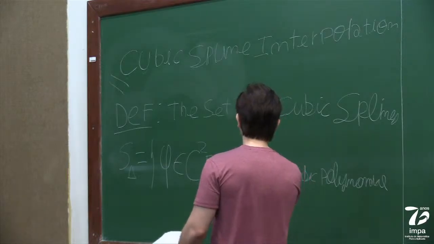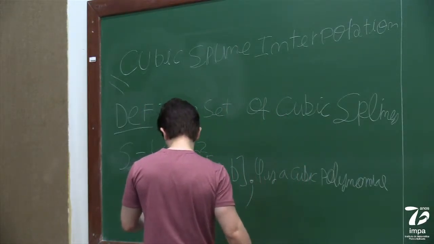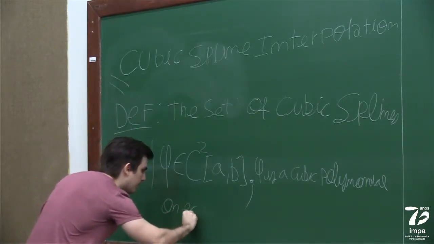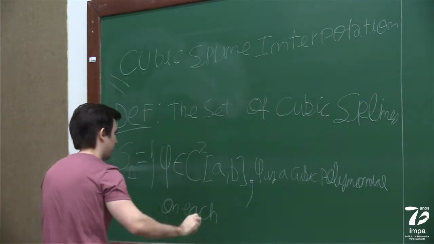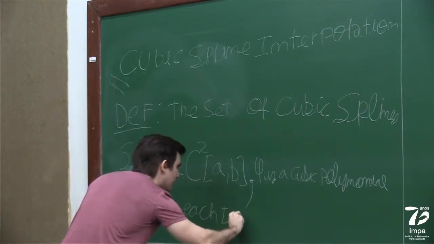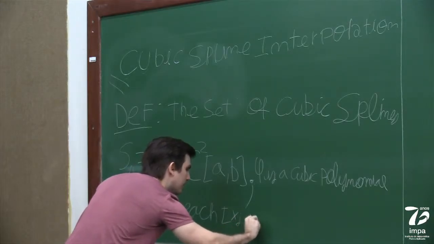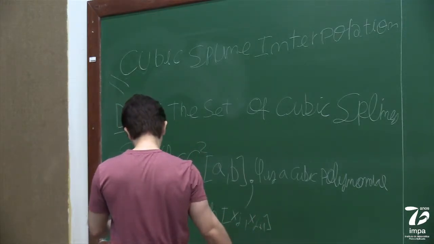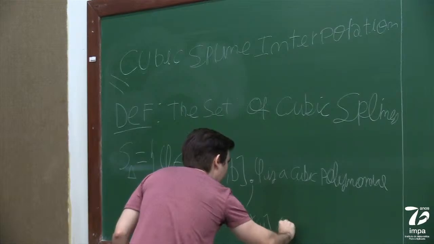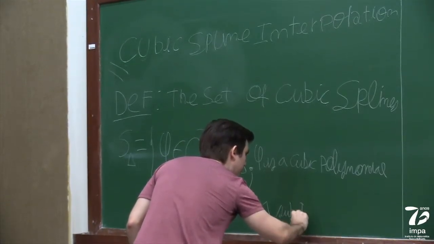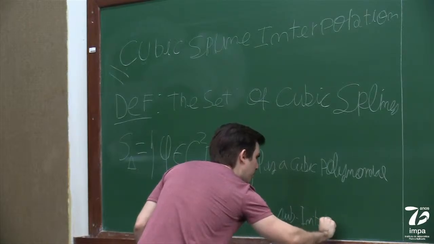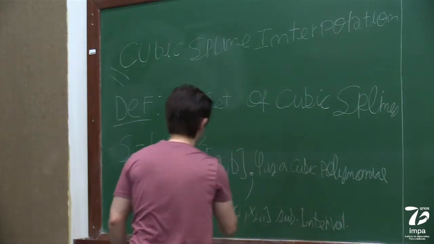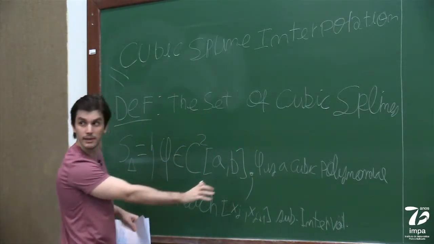It is a cubic polynomial in each subinterval of the interval AB. On each xj, xj plus 1 subinterval. Subinterval of the bigger interval AB, okay?